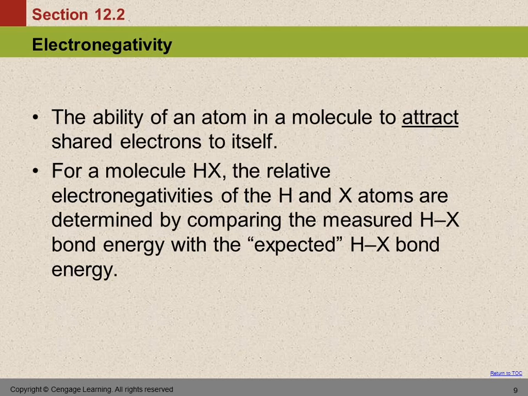Okay, so the actual energy, we mentioned bond energy. Bond energy is the energy required to pull those apart. The expected bond energy is what we would predict just based on sizes and other things. And so when it's stronger than we expect, then we see that there's electronegativity differences there.